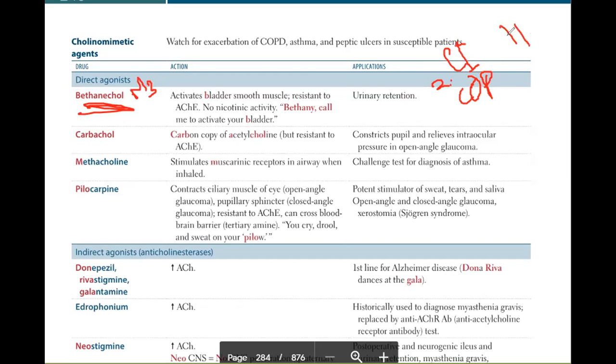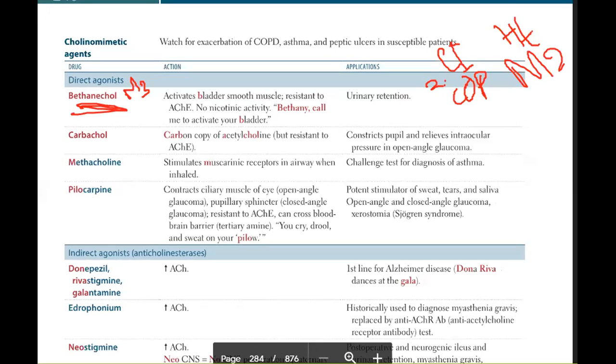Our heart has M2, and in patients with ischemic heart disease, you will not give this drug. For that, the M2 receptors are responsible, but it can show some effect on M2 as well.